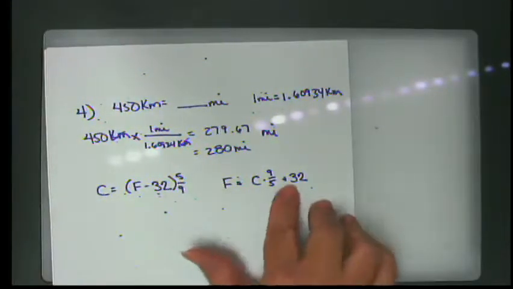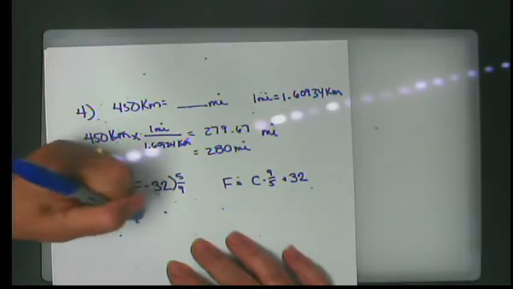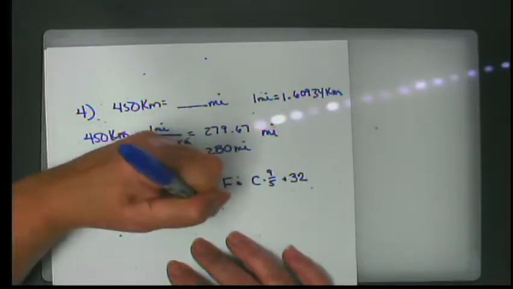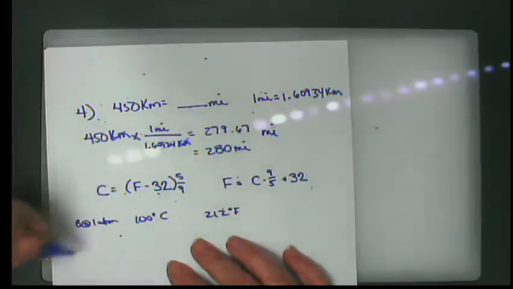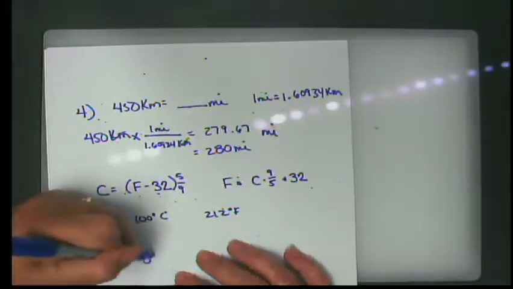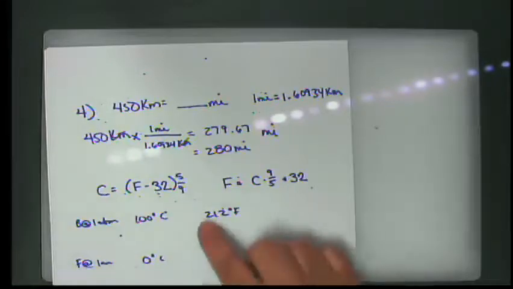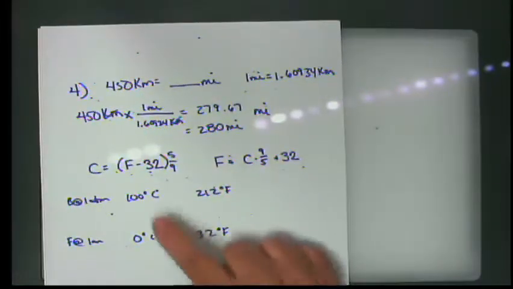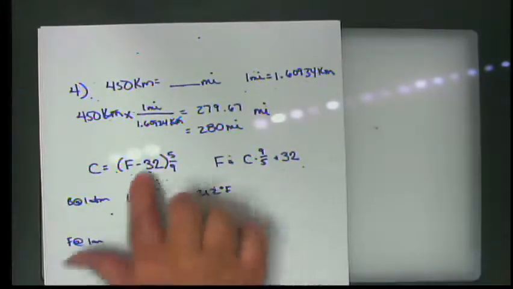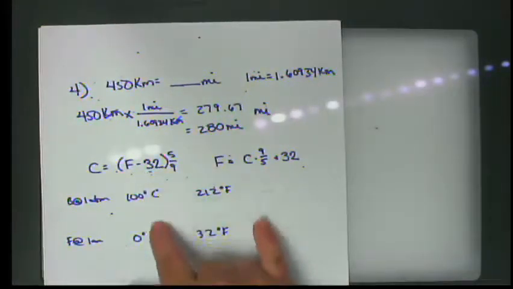So it actually turns out that water boils at 1 atmosphere pressure at 100 degrees centigrade or 212 degrees Fahrenheit, and it freezes at 1 atmosphere of pressure at 0 degrees Celsius or 32 degrees Fahrenheit. So these two are equivalent, and putting them together, you can develop a scale. They're also linear. The scales are linear.